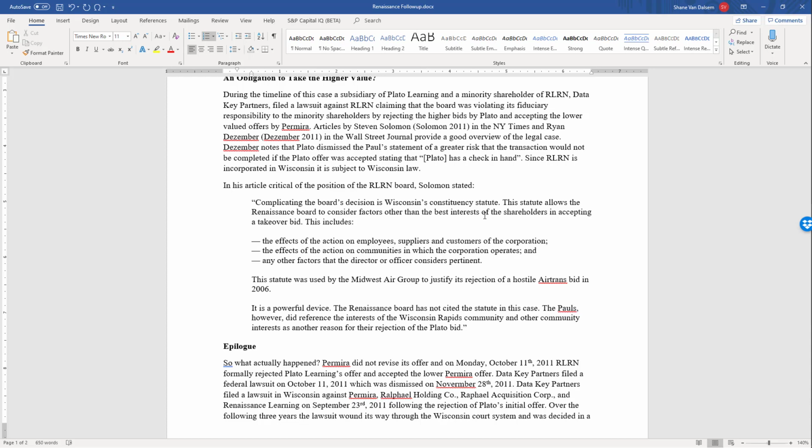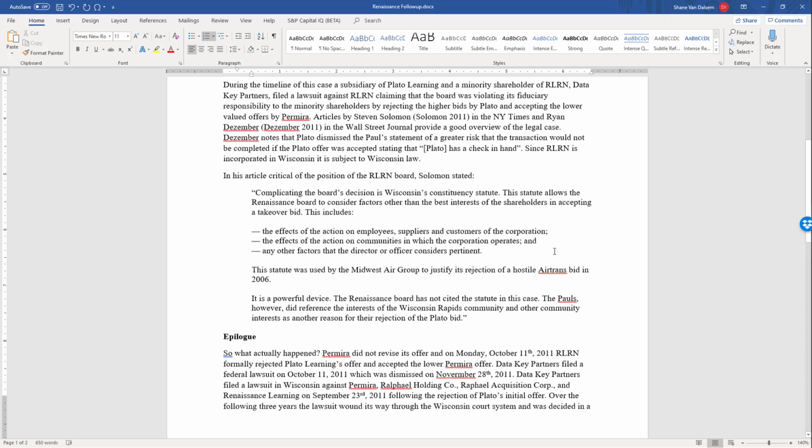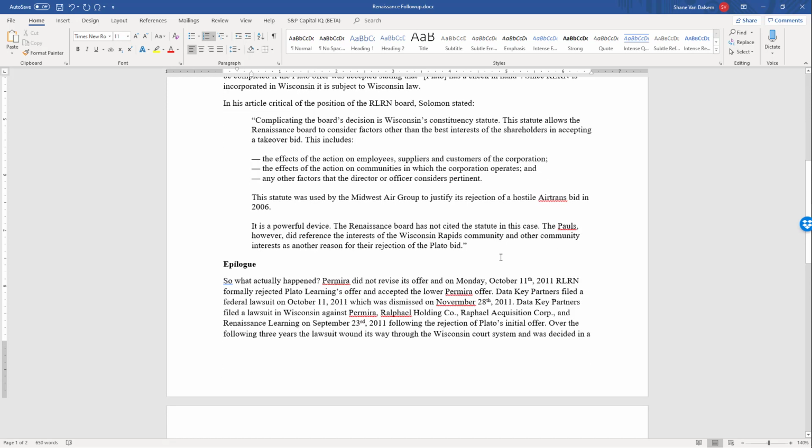What happened in this case was that the Pauls really wanted to protect the people of Wisconsin Rapids because the thought was that because Plato is a competitor, they were just going to shut down the operations of Renaissance Learning in Wisconsin Rapids and move everything to Plato's locations and save money that way.